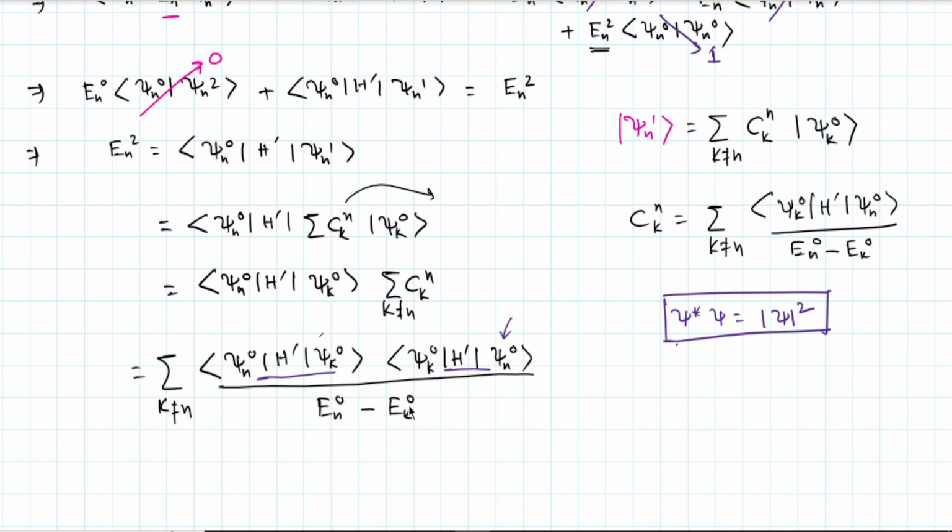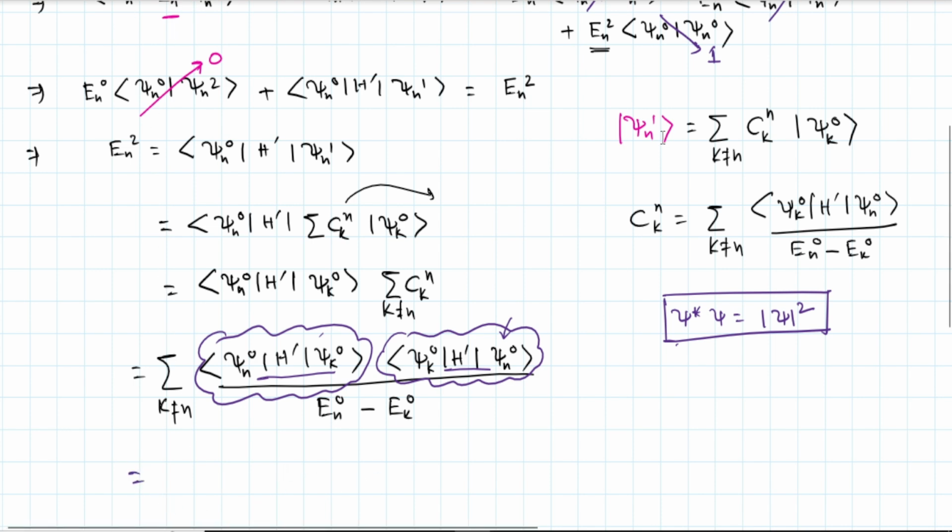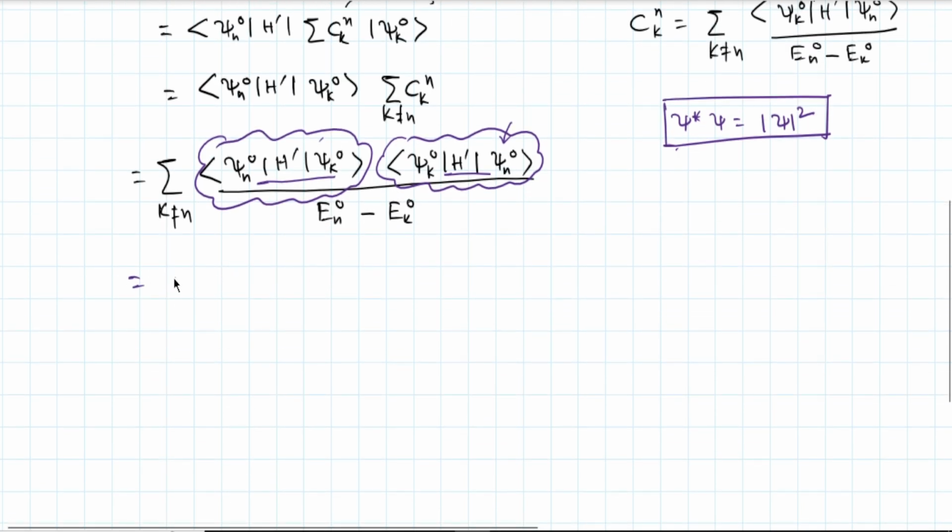So we can say that the right term is psi and it is psi star. So we can write the summation of k not equals to n.